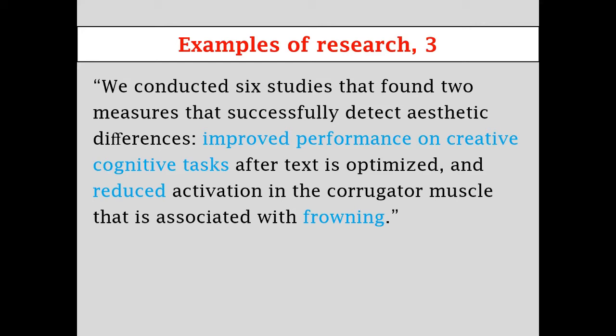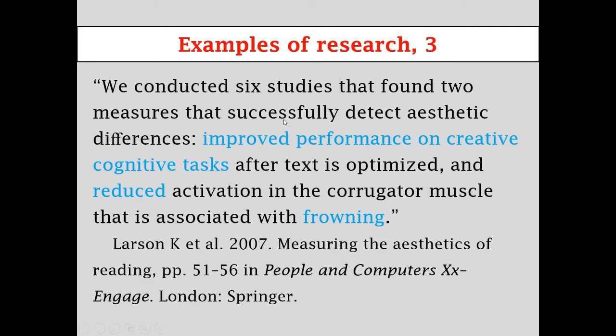Then they recorded participants as they were reading, and they found that when participants were reading the non-refined version, they frowned more. And after reading those blocks of text, they were given a cognitive task. Again, the researchers found that readers exposed to better typeset text actually performed better on the cognitive task, simply because probably they were not as tired. So that's research for you.